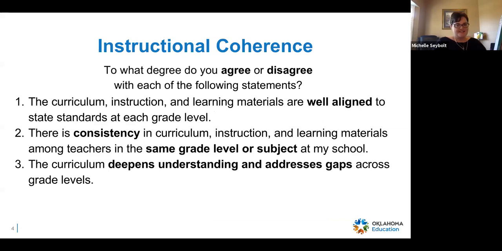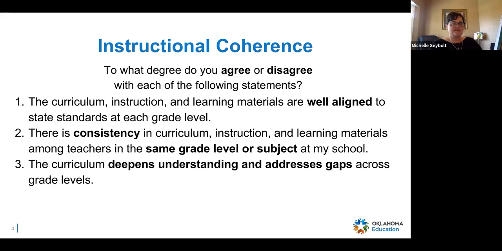Instructional coherence has three components. As I read these statements, I want you to think about the degree to which you agree or disagree with each of the following statements, in particular when you think about them through the lens of your ATSI designated subgroups. The curriculum, instruction, and learning materials are well aligned to state standards at each grade level.